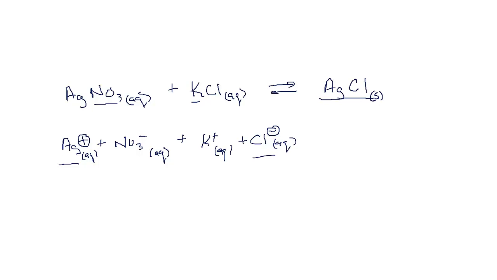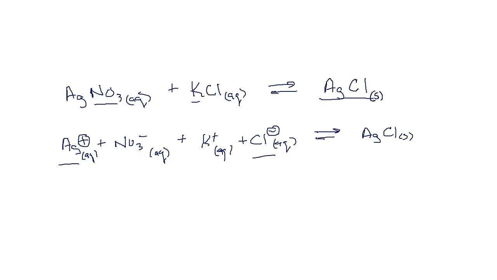Maybe you've seen this in the lab where you took two clear solutions and you poured them together, and all of a sudden you get this milky white precipitate form. And so that's what this would look like. This would be a milky white precipitate called silver chloride. And then we have, over here on the other side of our reaction, silver chloride solid.